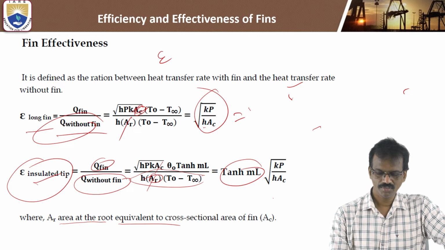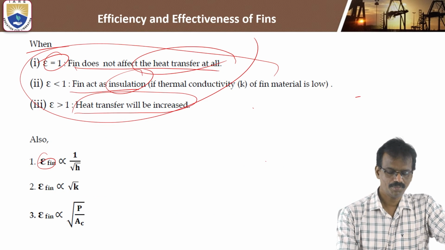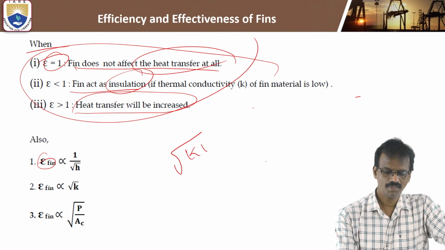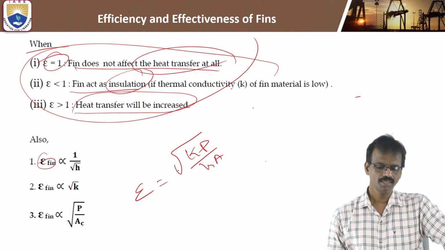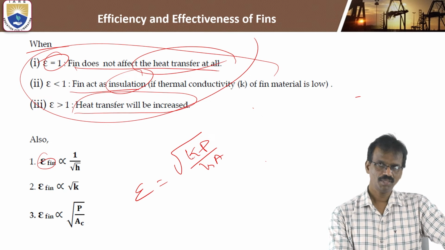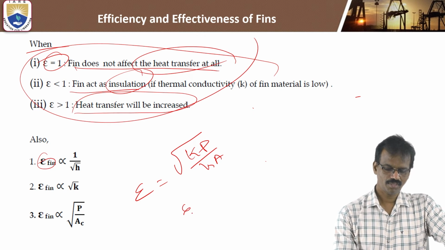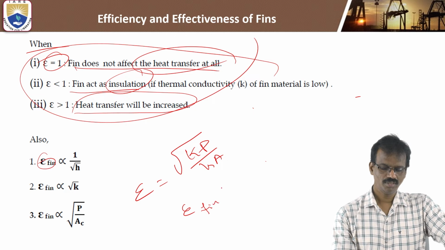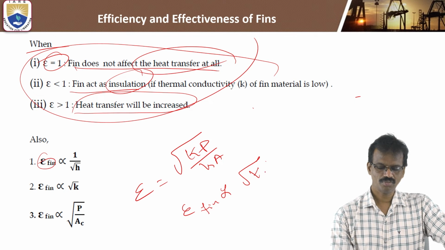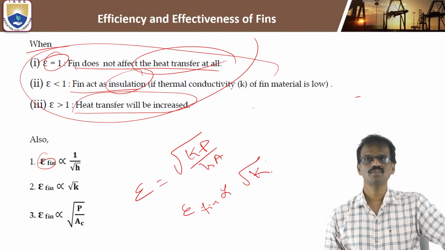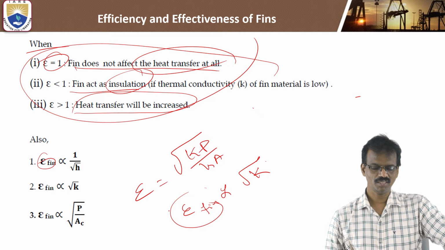It means if the thermal conductivity increases, effectiveness increases. Effectiveness of the fin is directly proportional to under root k. If the thermal conductivity increases, the effectiveness of the fin increases.